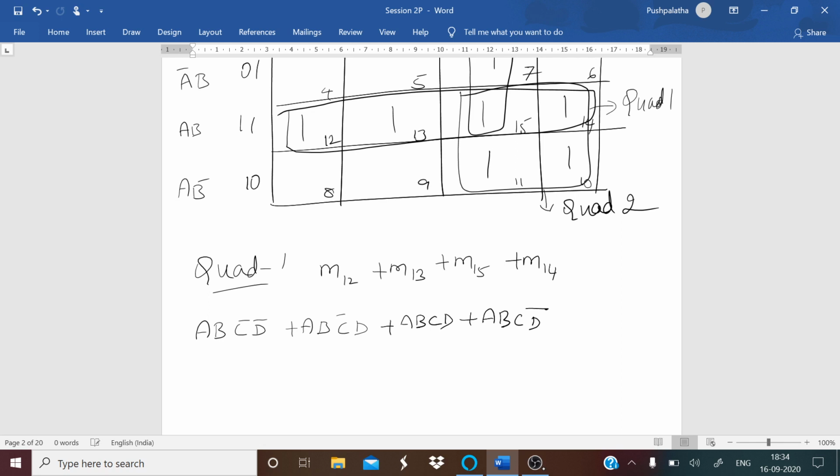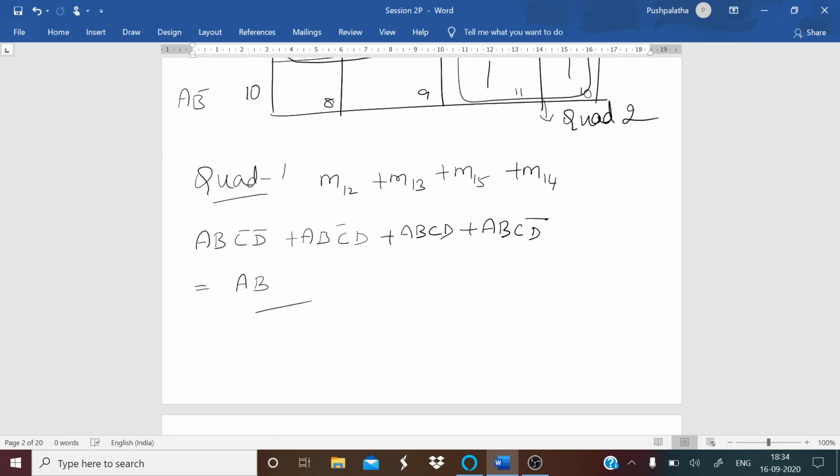Right? So in a quad, how many variables will be left out? 2. A remains the same, B remains the same, C bar has changed its value, and D bar, D has changed from one to another. So in a quad, two variables are left out.